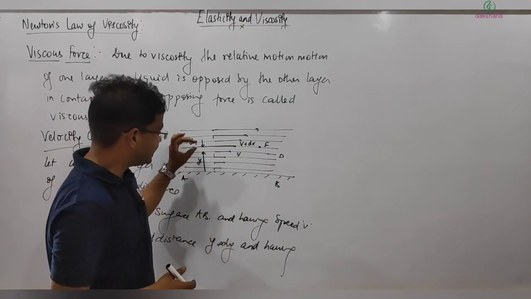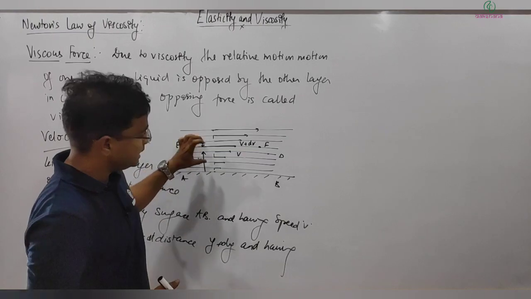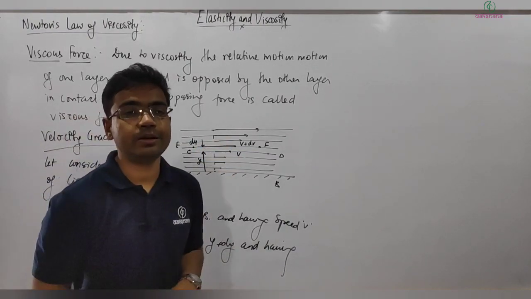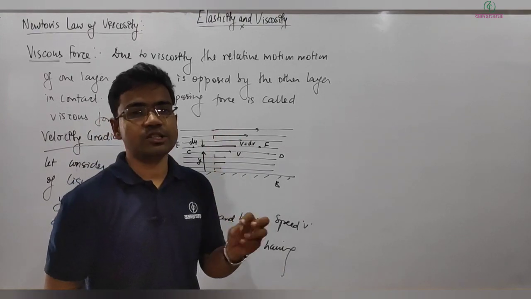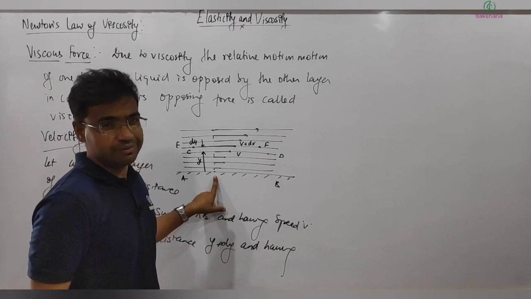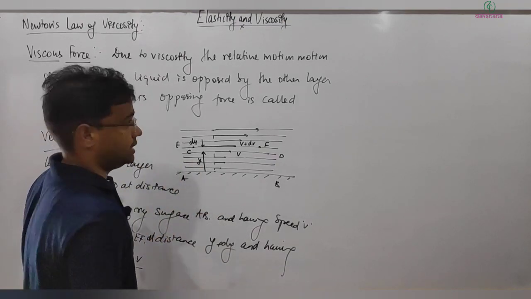So here we define the change in velocity as I move by dy, that is, what will be the change in velocity. That change in velocity with respect to change in distance from the stationary surface is defined as the velocity gradient.